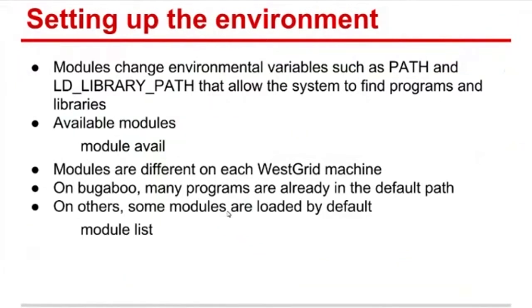On Bugaboo, many programs are already in the default path, so you may not need to use any modules. On others, some modules are loaded by default while others are not, or on some sites, no modules are loaded by default. So to see which modules are already loaded, you can do module list.